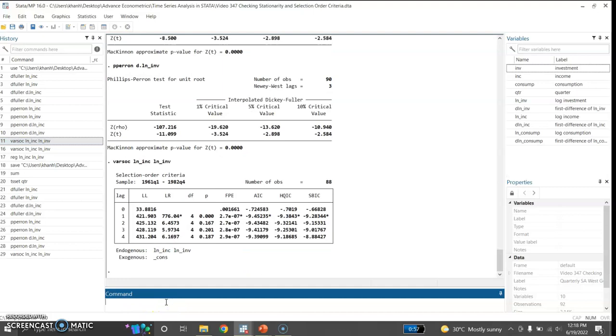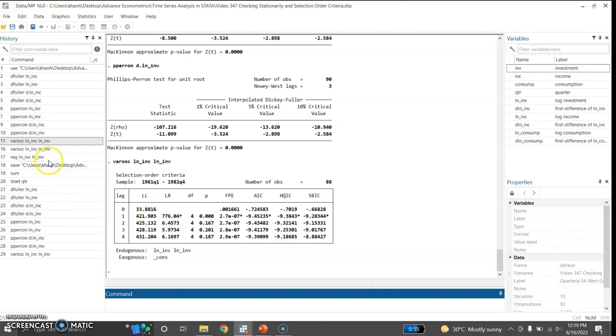And if I press, according to these 4 criteria, that is FPE, Akaike information criteria, and these two other criteria, Hannan-Quinn and Schwarz Bayesian information criteria, they show that the selection order criteria to be used is the first lag, that is we will use the first lag in this series.